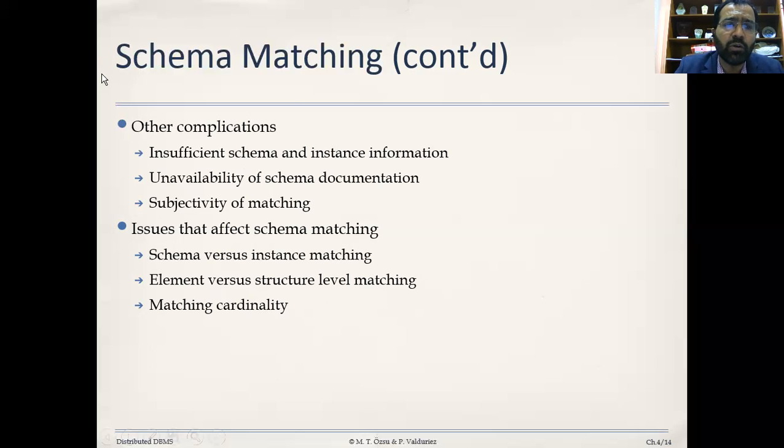And the last important thing here, which is relevant to schema matching, is called the matching cardinality. The matching cardinality refers to the number of counts you have. Whenever you match, for example, the employees from one end to the other, or you want to match the instance from one relation to the other, then it is called the cardinality.